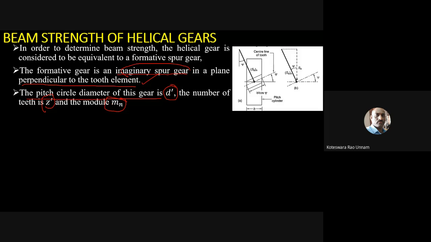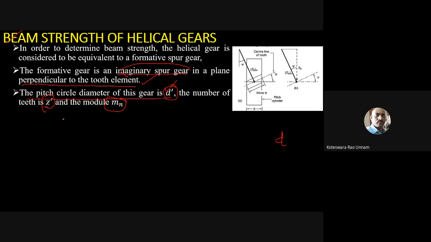So for this virtual spur gear, the pitch circle diameter we denote as D for the helical gear, but D dash for the virtual gear. While calculating the beam strength, you need to consider D dash, and the number of teeth is Z dash, not Z. It is again a virtual number of teeth.